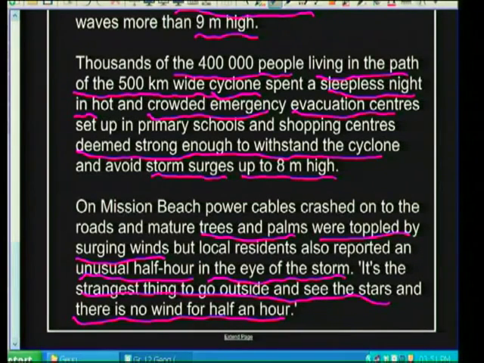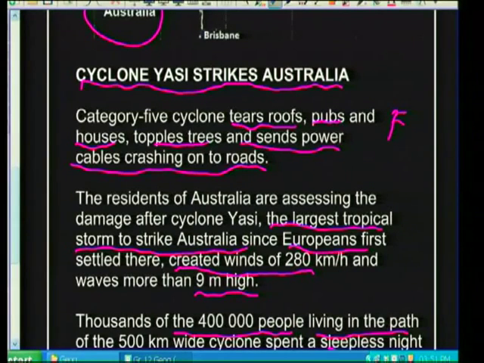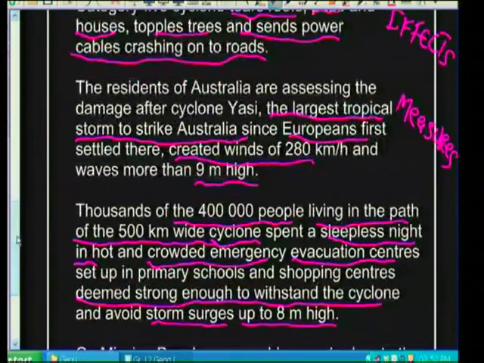So our article basically described the effects of the tropical cyclone. It told us what measures, if you look at it here, all right, the effects, okay, it had. You can split it up. It told us some measures that were taken, and it also told us about the strength and the evacuation. Oh, sorry, this is not the measures. The measures are here.